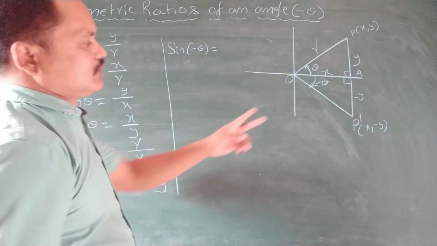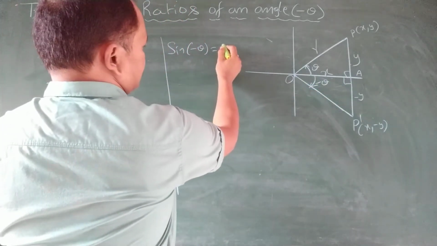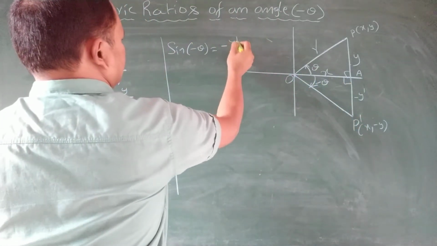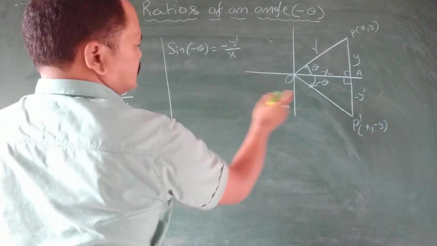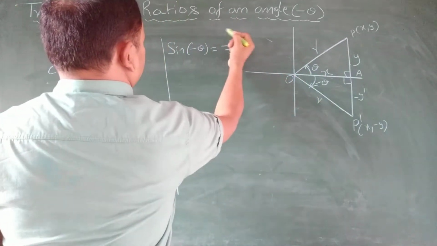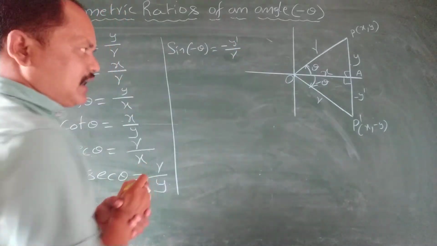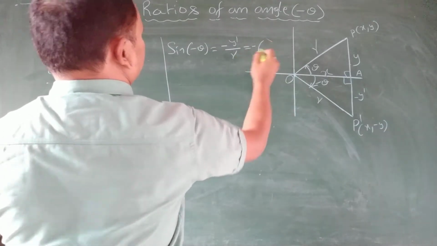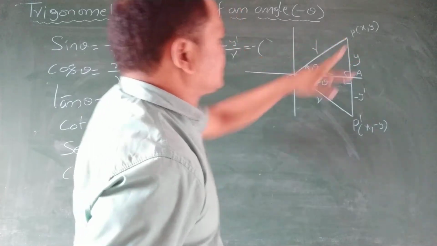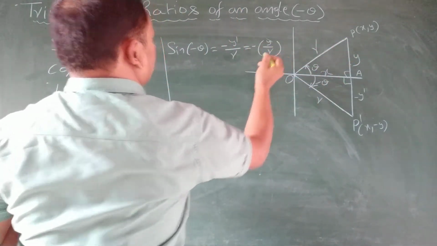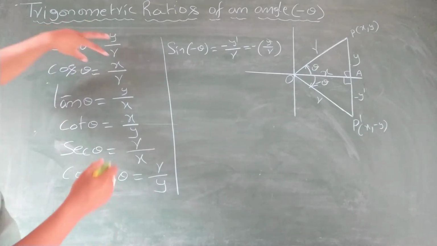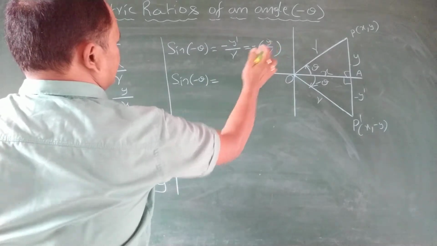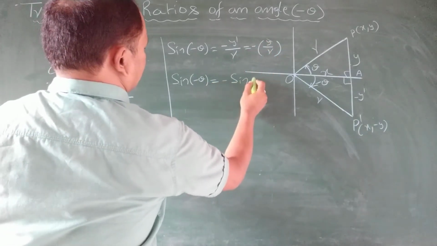Sine minus theta is equal to the opposite side, that is minus y dash by r, same length. This length is equal to this length, that's why it is minus y by r. Actually y by r is nothing but sine theta, that's why sine of minus theta is minus sine theta.